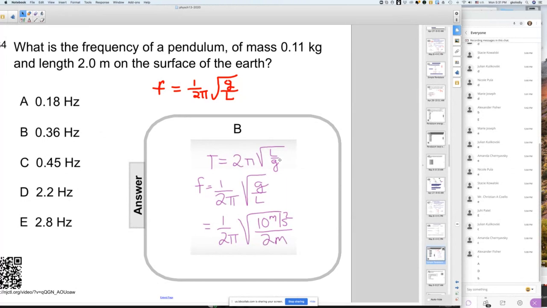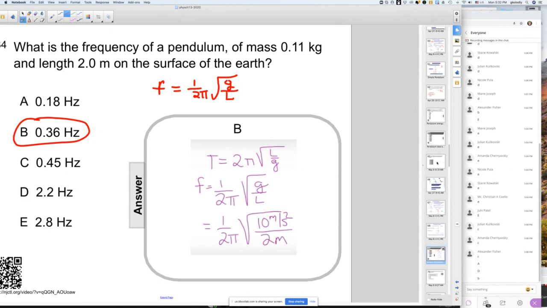Period is 2 pi square root of L over g, and this is the inverse of that. 10 divided by 2 is 5, square root of 5 times 1 over 2 pi gives you B, the right answer.